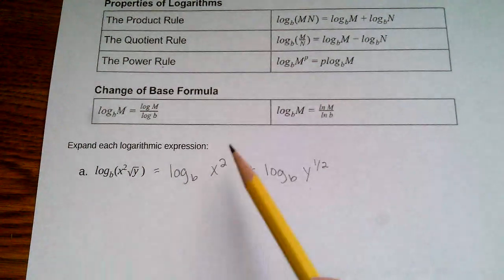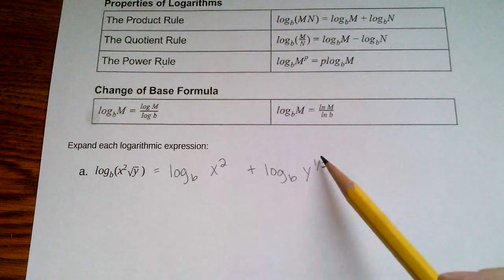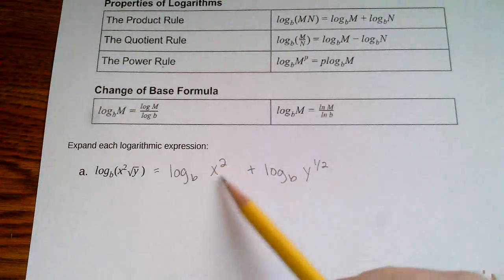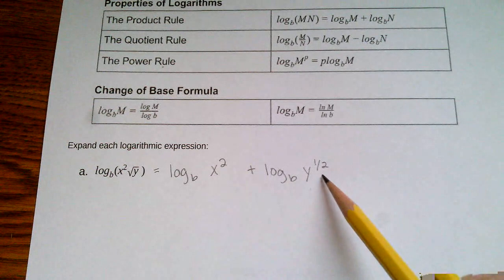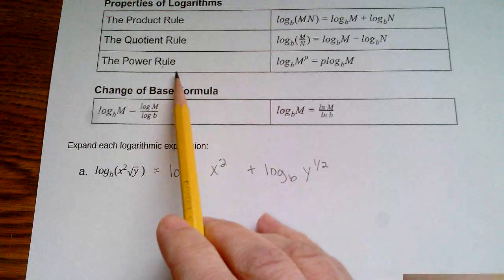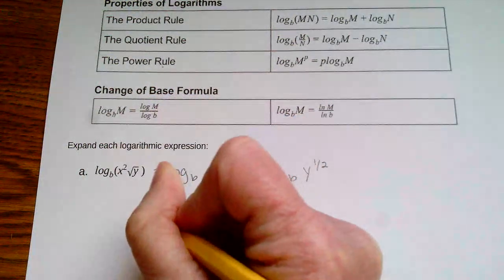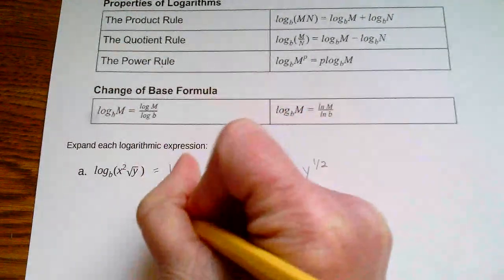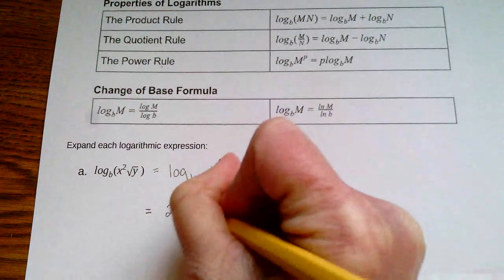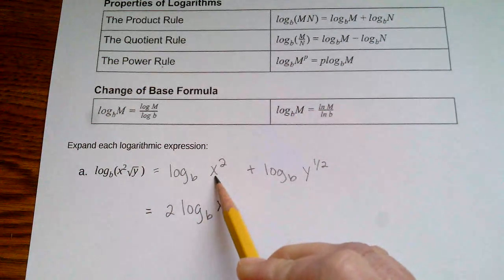To see if you're done, you want to see if you have any other products or quotients in your arguments. And then you want to see if you have any exponents in your arguments. Since I do have exponents in both cases, now I'm going to use the power rule, and I'm going to simplify these. The power rule tells me I just bring the exponent in front of my log expression and I keep that base.